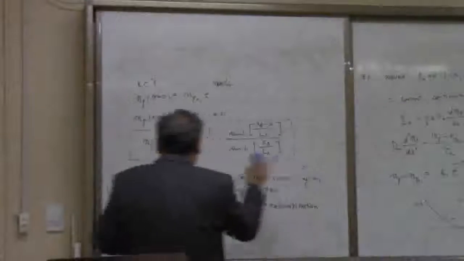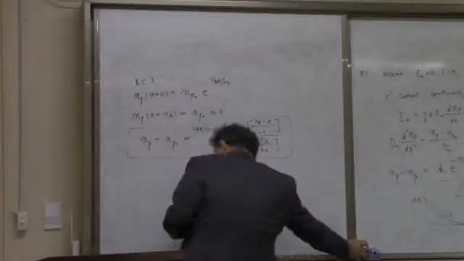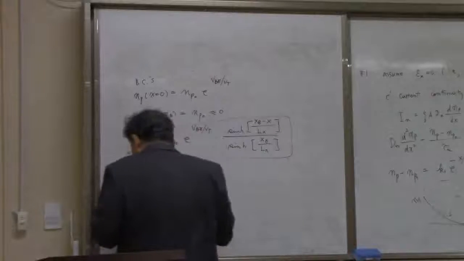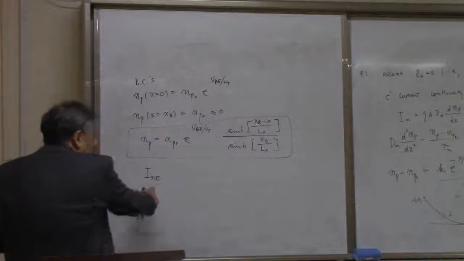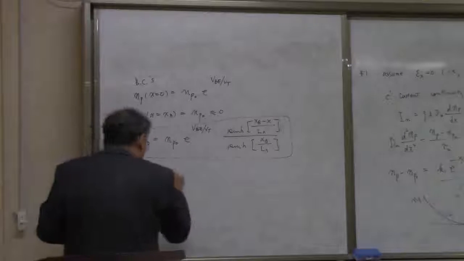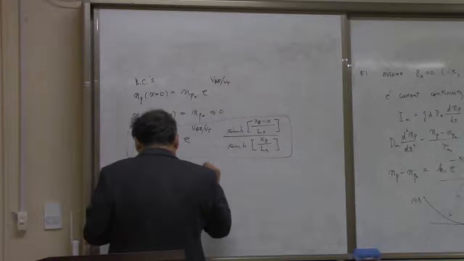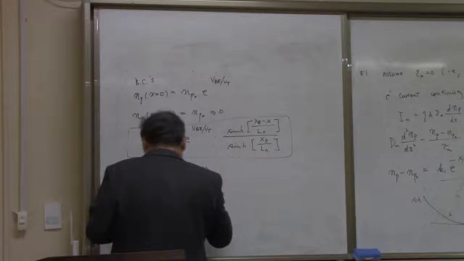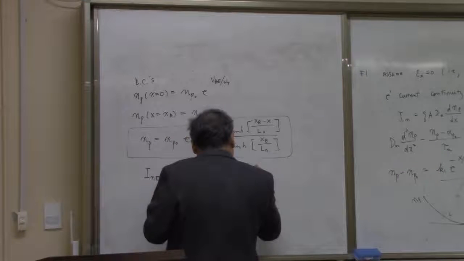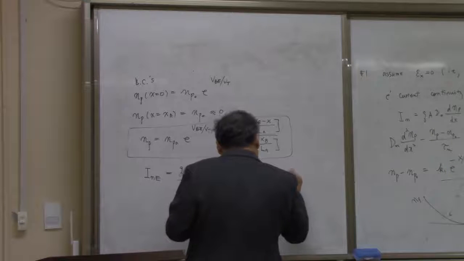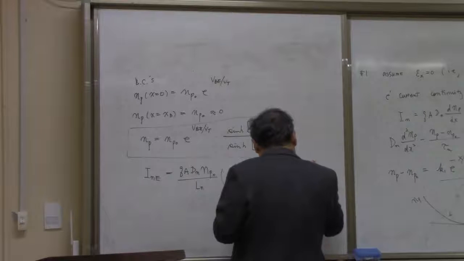And then if you put that into the equation, you end up with the emitter current. I_nE is the electron current in the emitter. You end up with qA D_n n_p0 over L_n times (e to the V_BE over V_T minus 1) times cotangent hyperbolic of x_B over L_n.